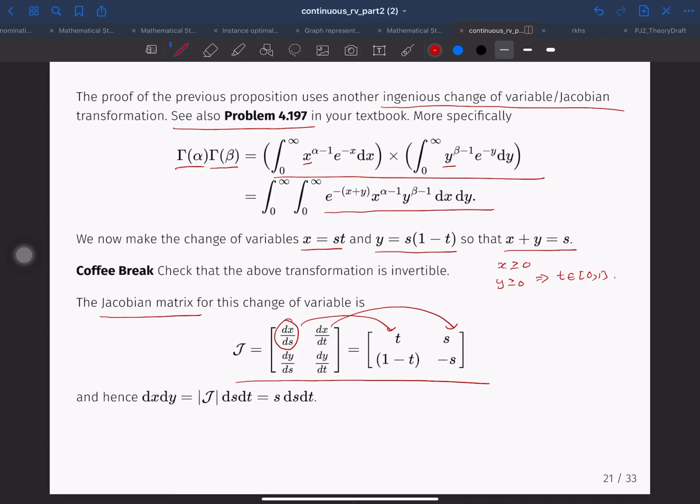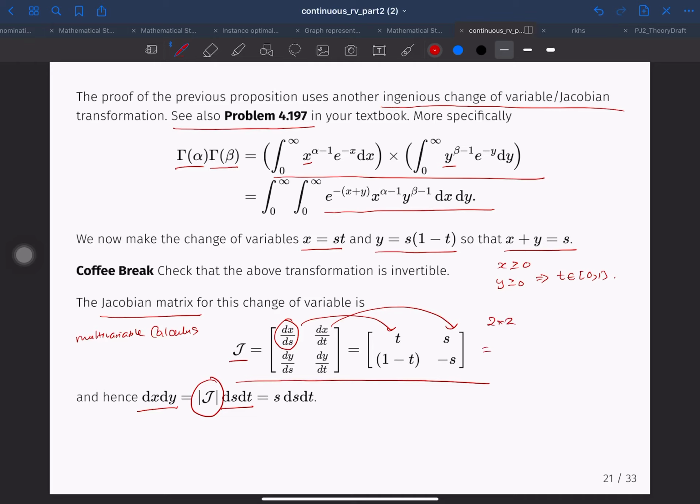So now by the change of variable in your multivariable calculus class, the area or volume dx dy is the same as ds dt multiplied with the absolute value of the determinant of J. The determinant of this one, a 2 by 2 matrix, is easy.